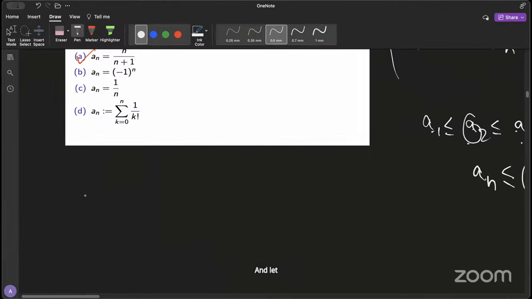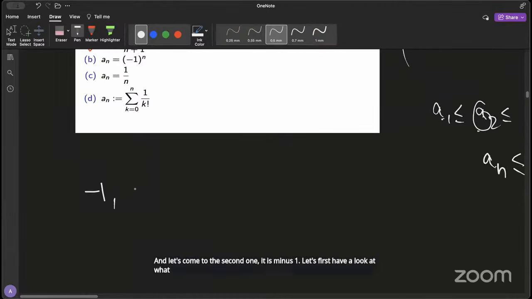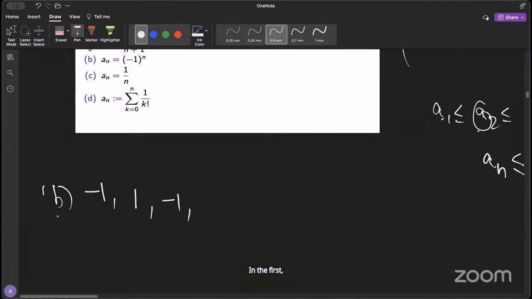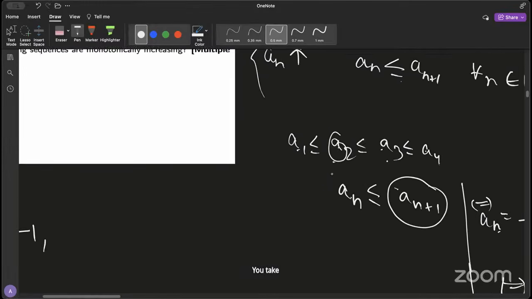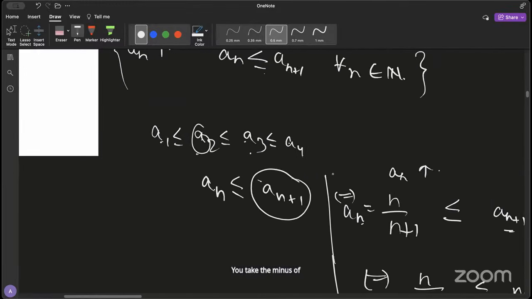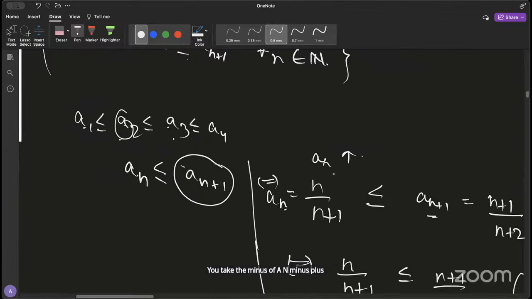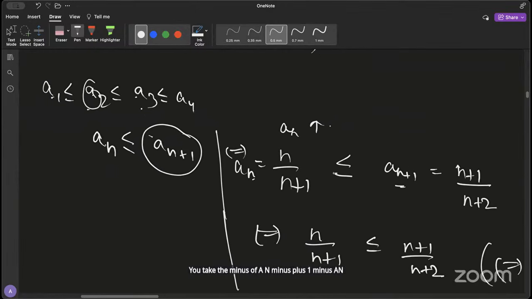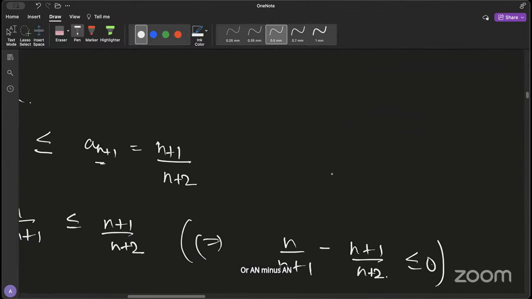This is an increasing sequence. And let's come to the second one. Let's first have a look at what your sequence is. In the first, you take the minus of a_n minus a_(n+1), or a_(n+1) minus a_n. It's the same thing.